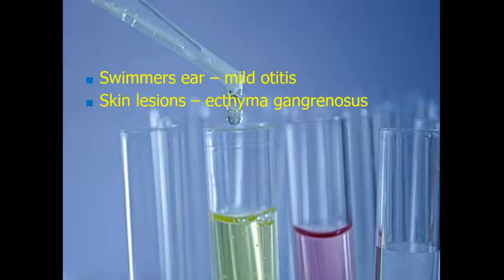Yeah, so when you go to a hot tub, you might get ecthyma lesions. Okay, so ecthyma gangrenosum is the exact medical term, and swimmer's ear from Pseudomonas can also be a problem for people who are frequent swimmers.